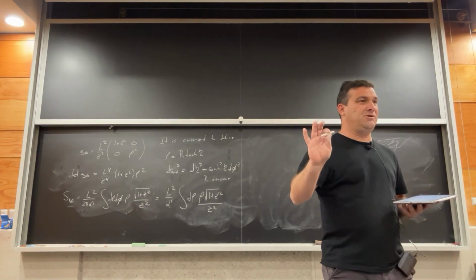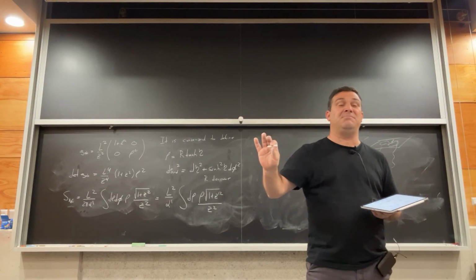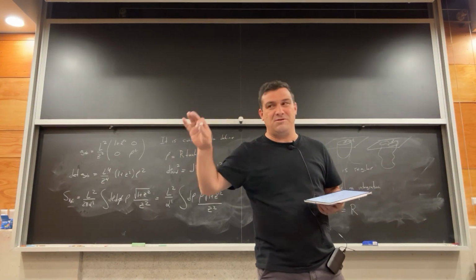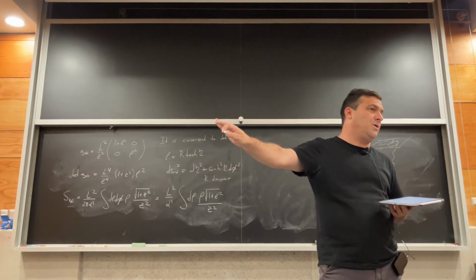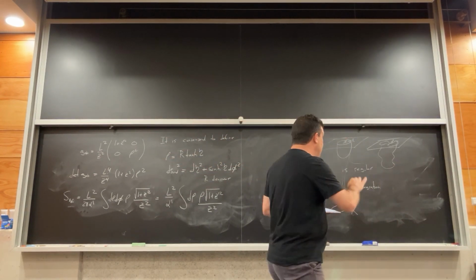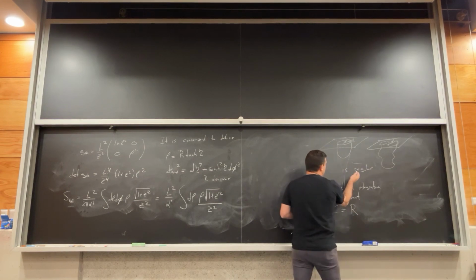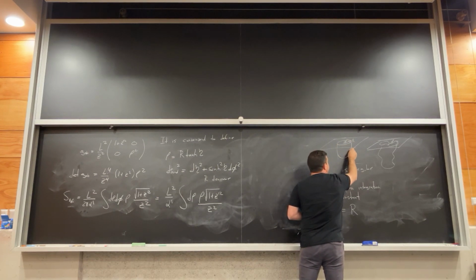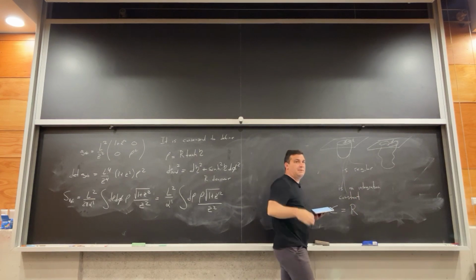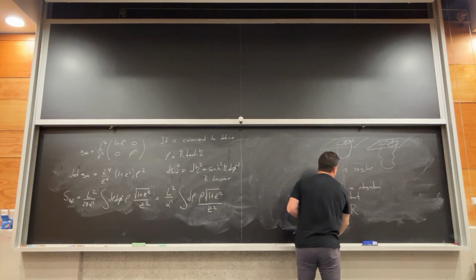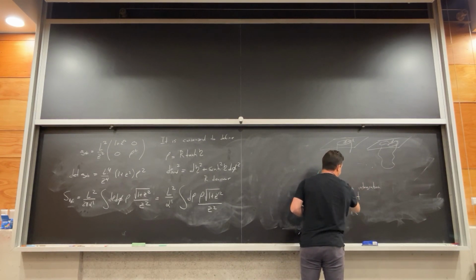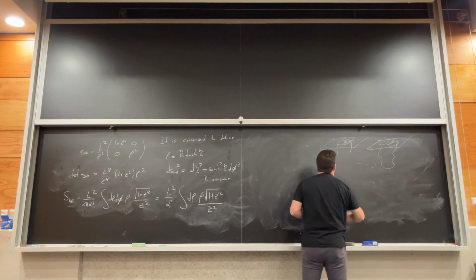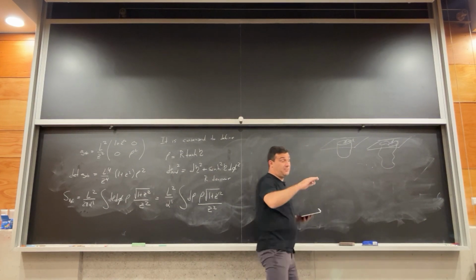My claim is that one solution is actually very ugly, complicated, but fortunately, it's not the one I want because it doesn't behave well at rho equals 0. And the other one is the simple one. So the other solution probably has some singularity as rho goes through the origin. This surface, instead of closing nicely here, it probably has some throat and goes to infinity or whatever, explodes. So the one that I want is this one. And that's the one I wrote. I didn't write the other one.